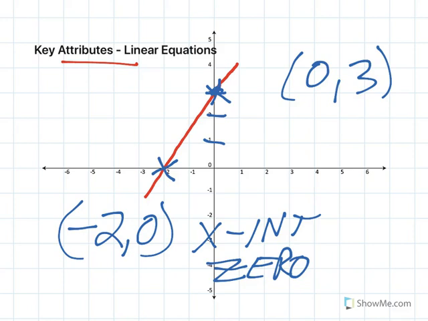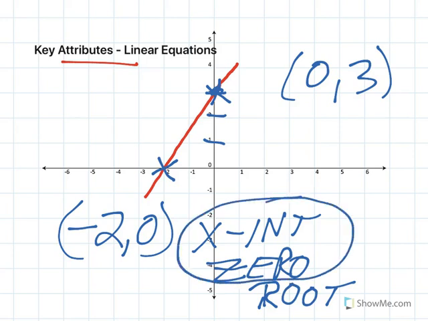Okay, the x-intercept can be called a zero, and you'll see when we get into quadratics, sometimes it's called the root or the solution. But just for linear functions, let's just stick with x-intercept and zero. So those are two key attributes. And the third one is the slope, m.